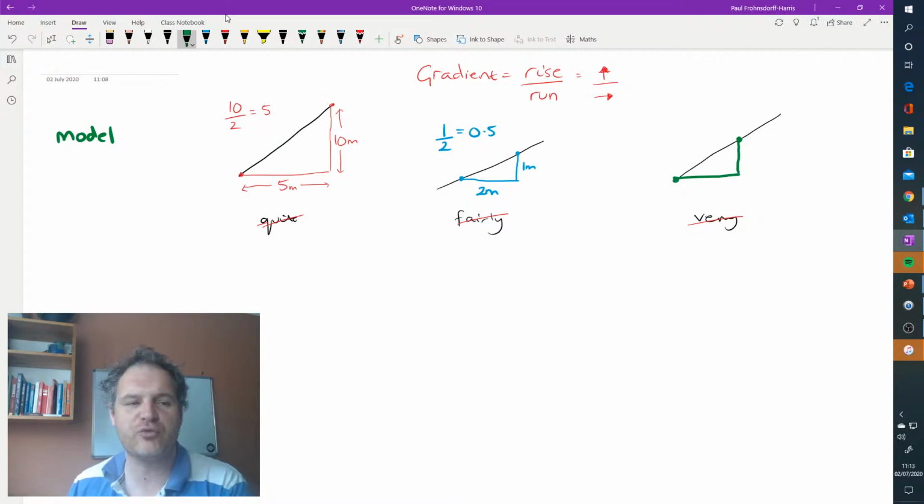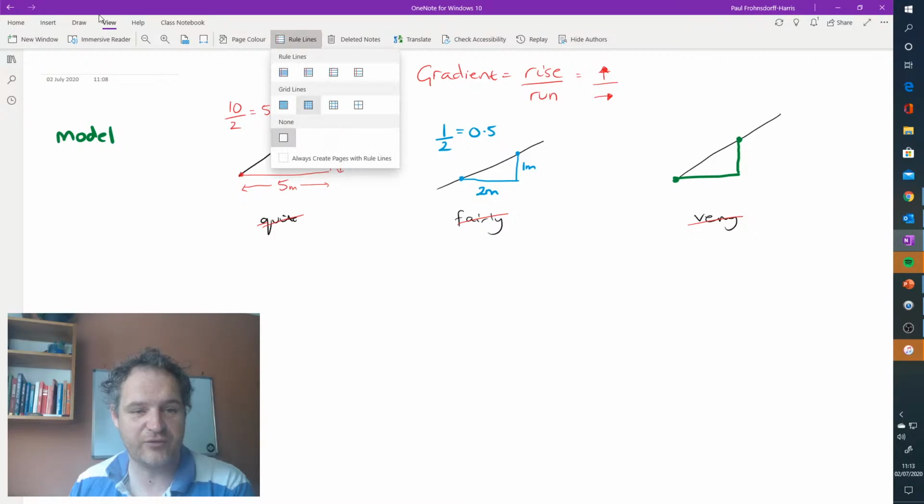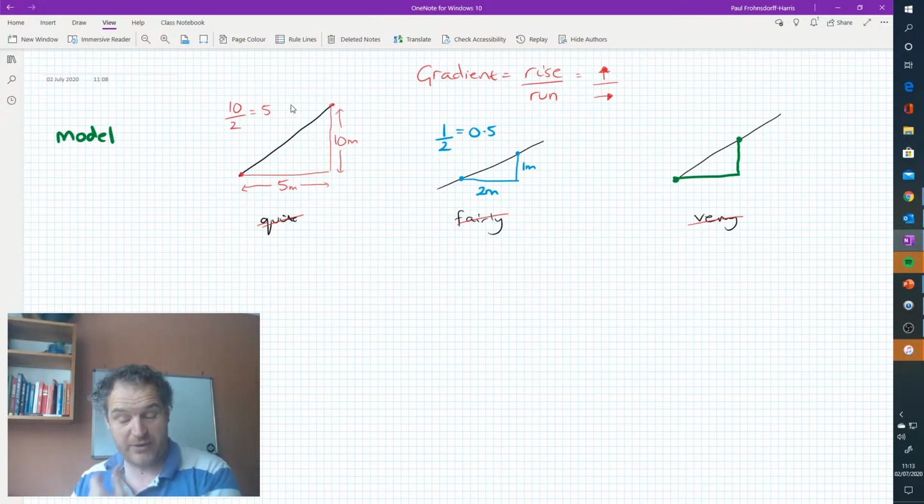Now, if you're on squared paper, which I believe I can suddenly make myself on squared paper, which is quite fancy, what you ideally want to do is make it so that you're choosing 2 corners that are on the corners of squares, so you can literally count them. And you can see here, I don't know how good the video is, but you can see here it's 1, 2, 3, 4, 5, 6, 7, 8 squares, and 1, 2, 3, 4, 5.